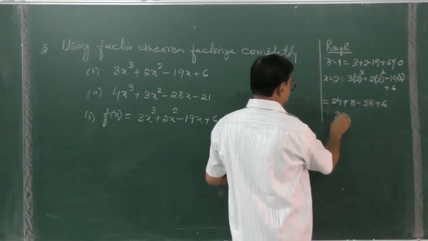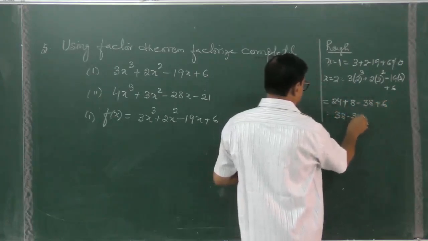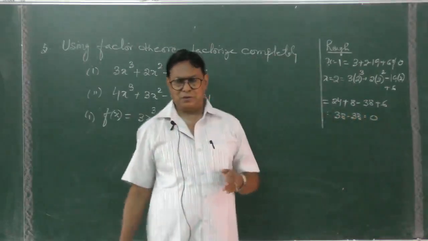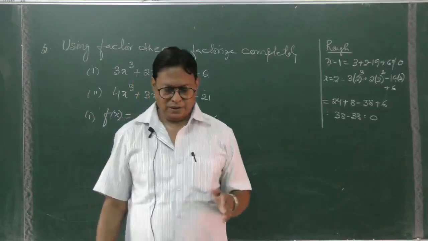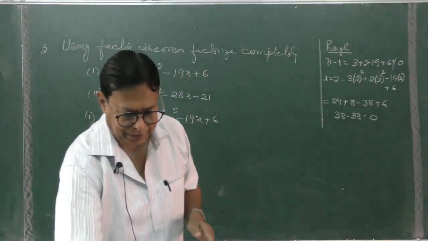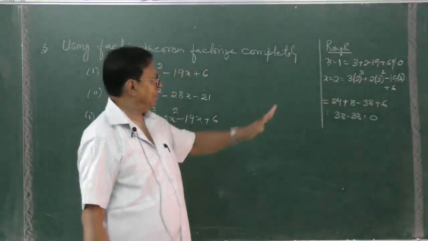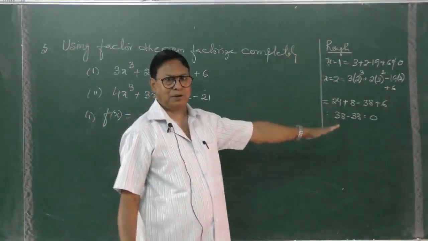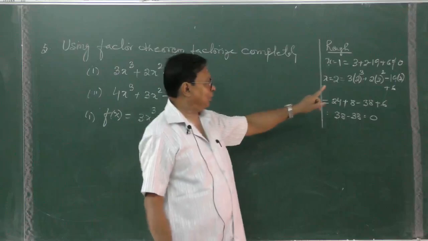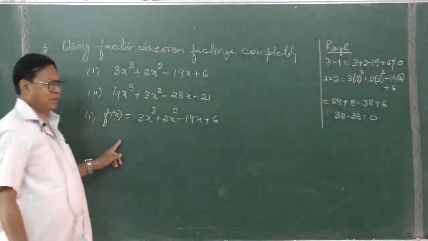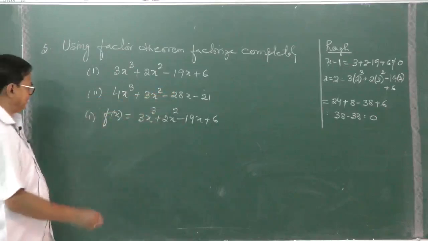So this is 38 minus 38, that's equal to 0. So we will do it in rough, to find for what value of x this becomes 0. All that is rough work, not part of the sum. So only for that value of x for which it is 0, you will write it here. So we got for x equal to 2, this is 0.